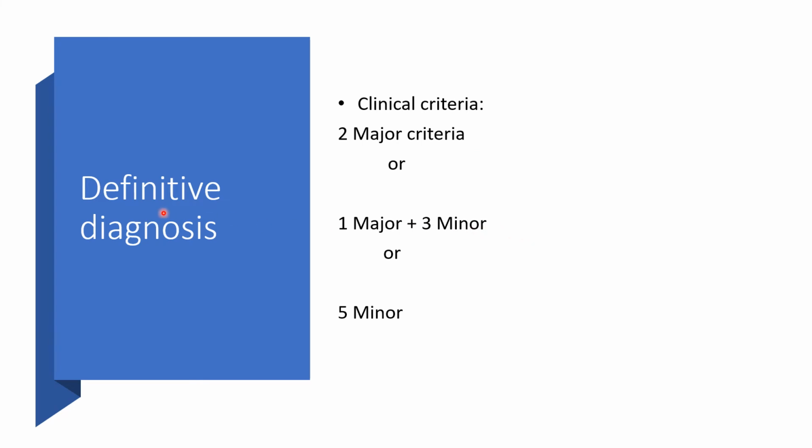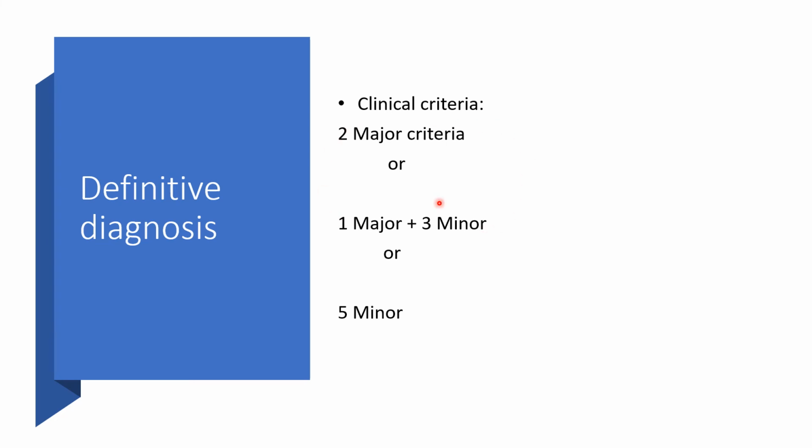Now back to definitive diagnosis under clinical criteria. If you were able to pick two major criteria, you are fine to make the diagnosis. If you are unable to get that, but you were able to get one major with three minor, you are fine to make the definitive diagnosis.